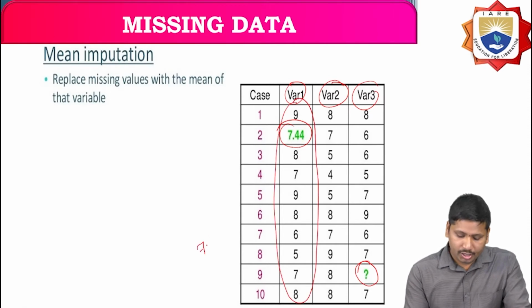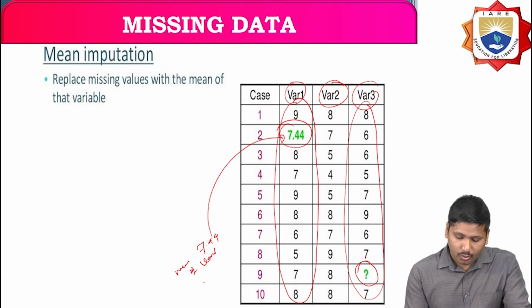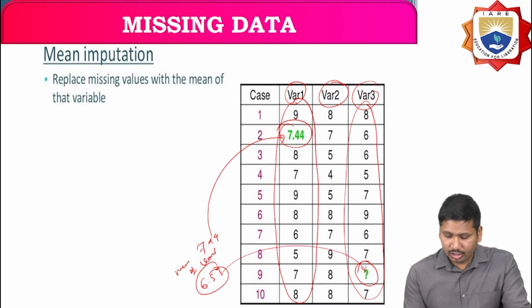Suppose I get 7.44 as the mean of variable 1, so that value is going to be filled in for the missing value. Similarly, I calculate the mean of the entire variable. Suppose I get a mean value of 6.59, so this value is going to replace the missing value, right? Like this, we fill the missing values with the mean values, right?